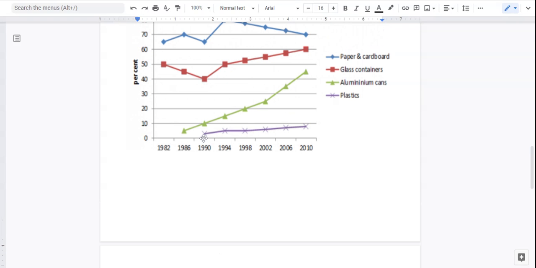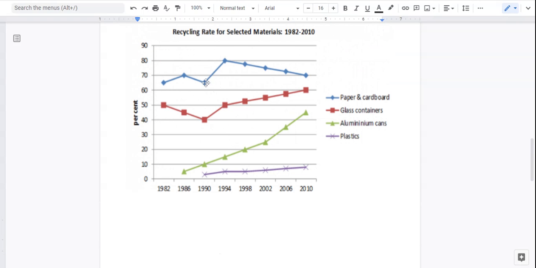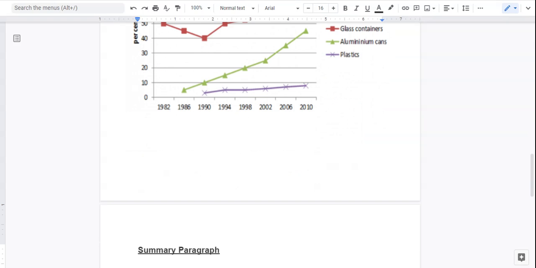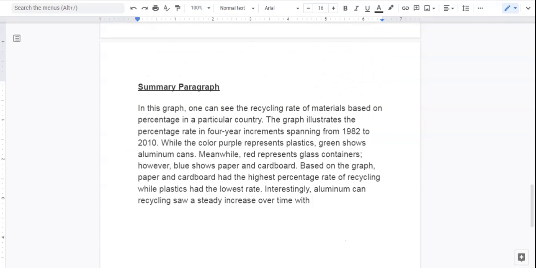It looks like 1990 was one of those times where the recycling rate dropped, with dips in both paper, cardboard, and glass. However, it was the first time that plastics were recycled. So that's something that I can bring up. Aluminum can recycling saw a steady increase over time.